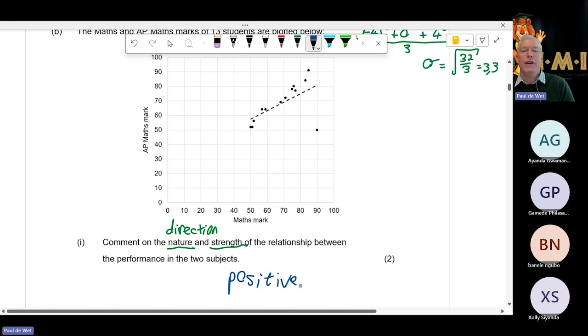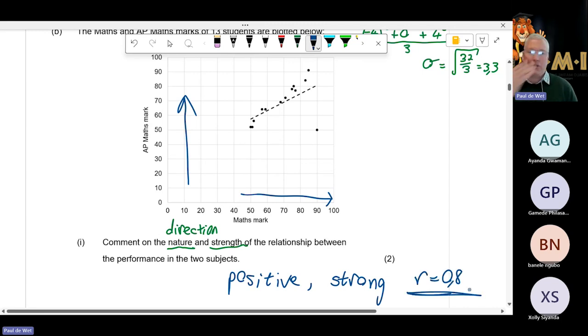Guys, it's positive. It's positive because as the one quantity grows, so does the other quantity grow. The correlation coefficient here would definitely be positive. And this is quite strong. I'm guessing here maybe that we might get something like 0.8 for our correlation coefficient.